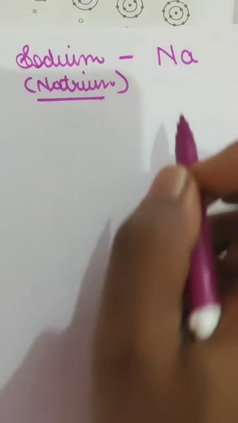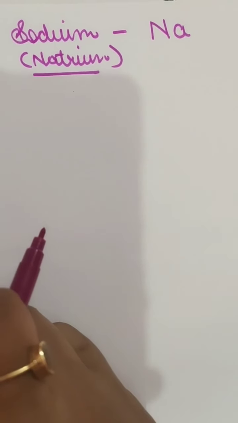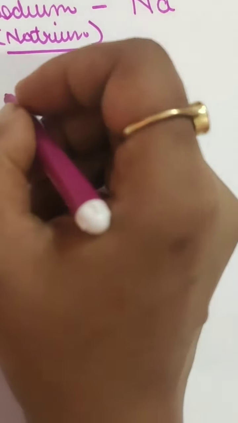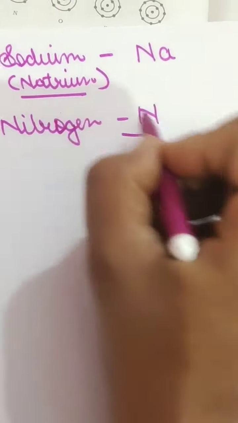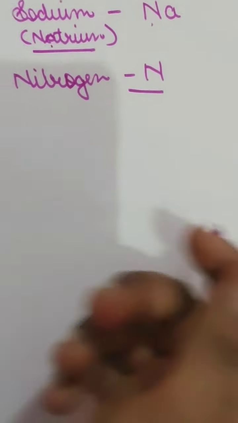It's a Latin name, natrium. So the symbol used was Na, and N stands for nitrogen. So maybe nitrogen was discovered before sodium, so N was used. The second one we found from N was natrium, so it was Na. So this is how it happens.